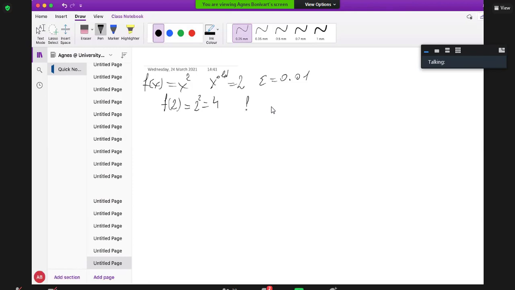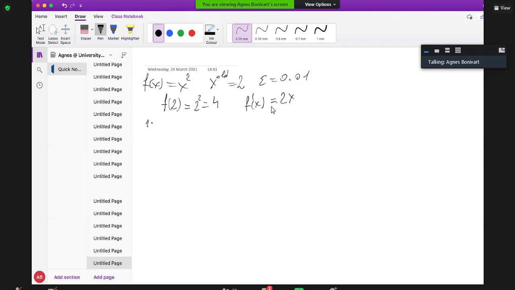Now we need the derivative of x squared. What is it? Yes, 2x. So first, we substitute the original value into the function and calculate it. I'm emphasizing it because students often forget this step. And we find the derivative.